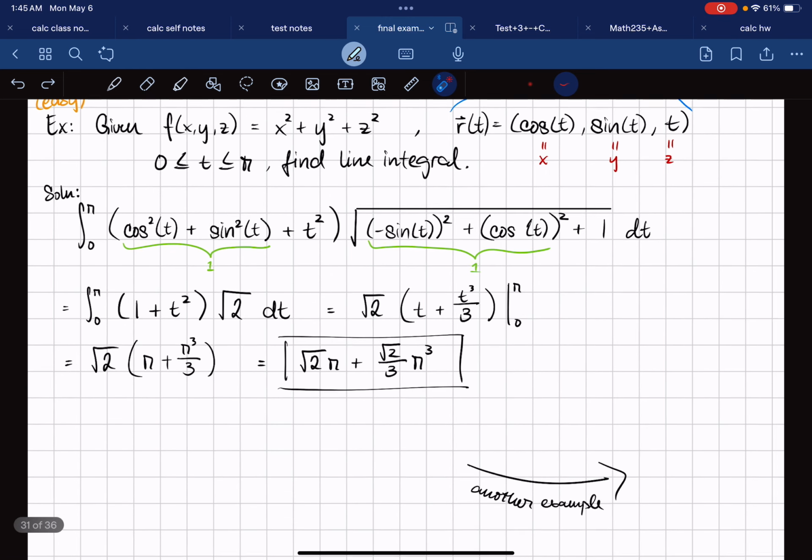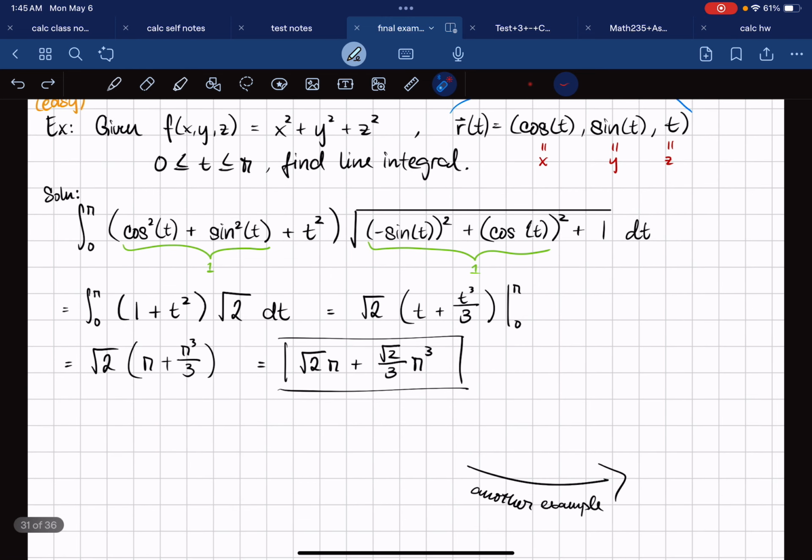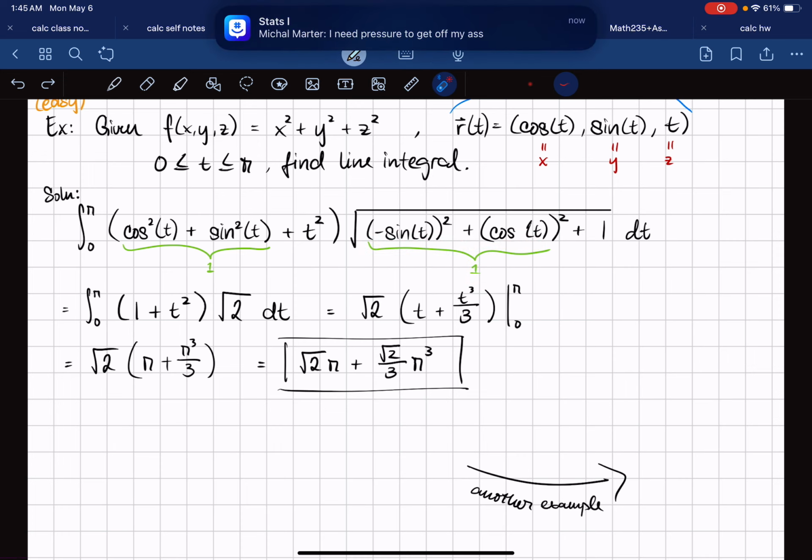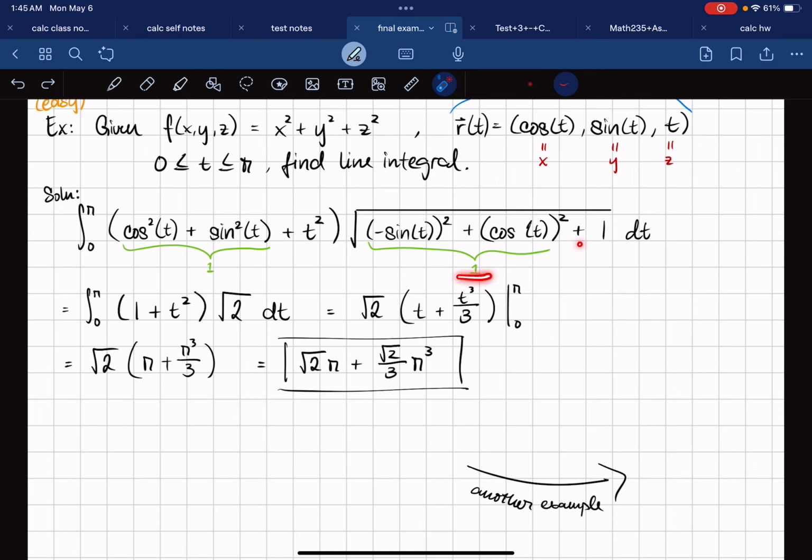Okay, so we notice that this is a cosine squared plus sine squared, and that's an identity. So that's 1. And this is also going to be 1, right? So we can simplify that into 1 plus t squared. And this we can simplify to 1 plus 1 equals 2. So square root of 2.